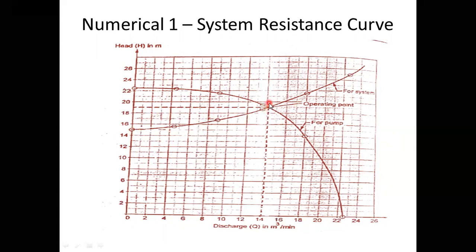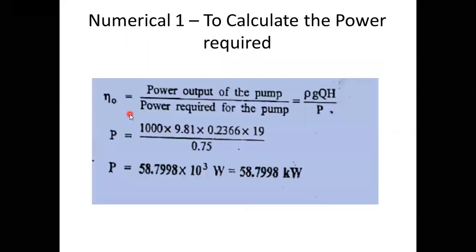The actual intersection point of these curves on the graph is called the operating point. You just take one vertical projection and one horizontal projection on the x and y axes respectively, and take the discharge value at the operating point, that is Q equal to 14, and the head is 19 something, between 18 and 20.